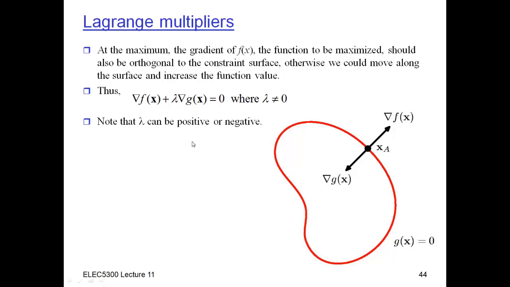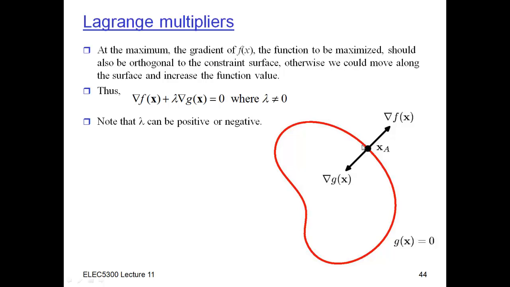Now, how are we going to use that? Well, the way we can use that is as follows. We're going to take a point here, x A, right? And we're going to say, well, suppose that I need to stay along this surface here.